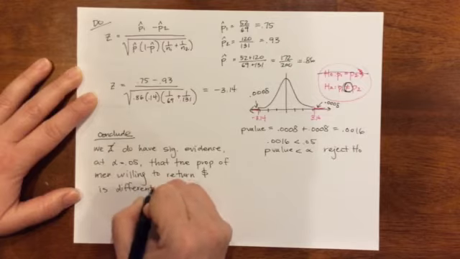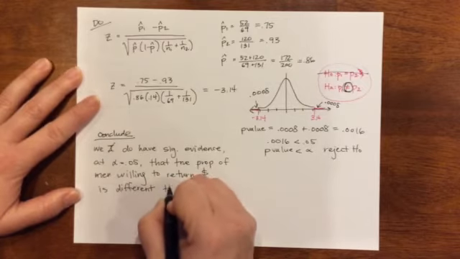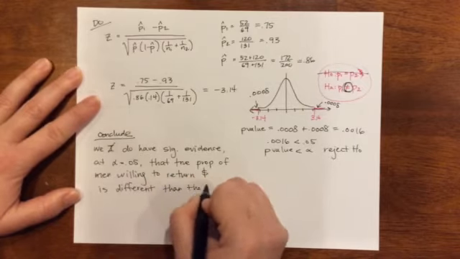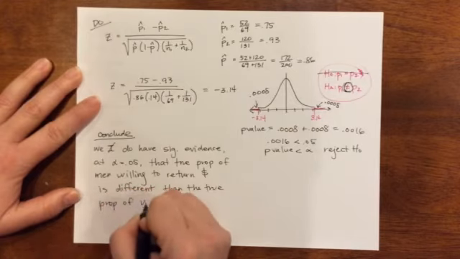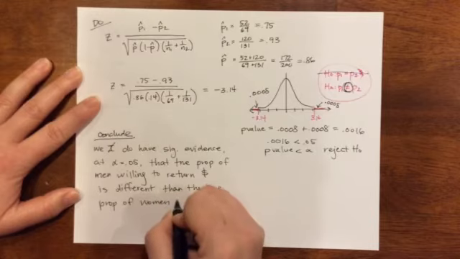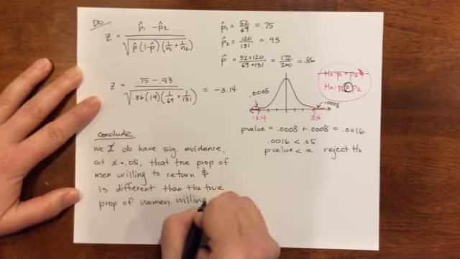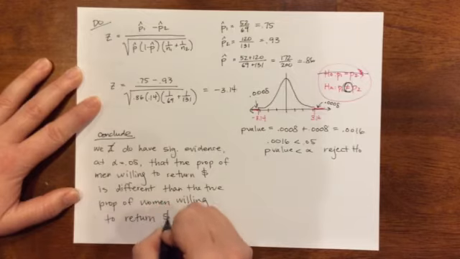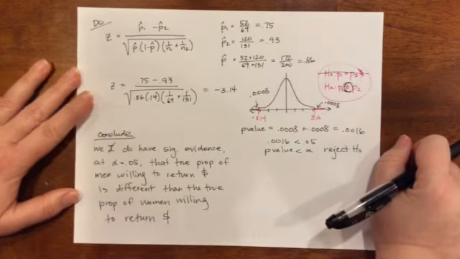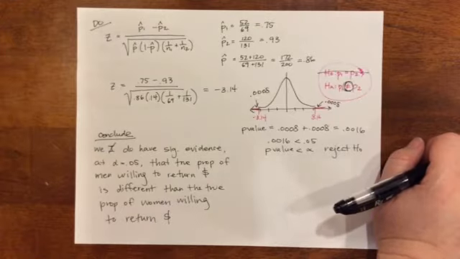Now you're going to write parameter 2, than the true proportion of women willing to return the money. All right, so that's how you write a two proportion z-test.